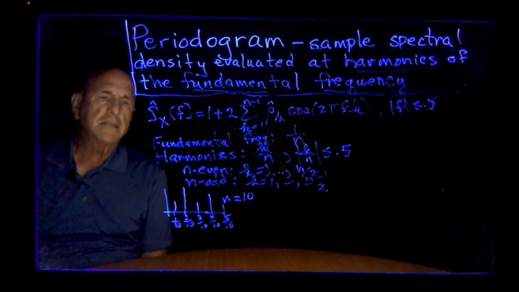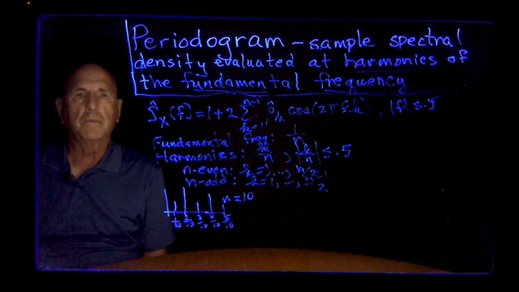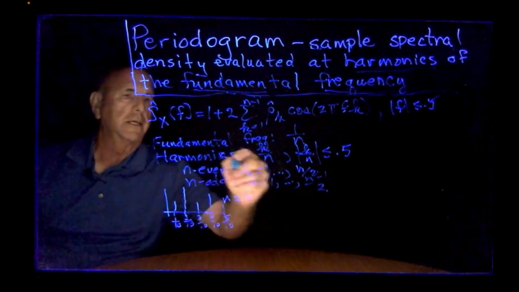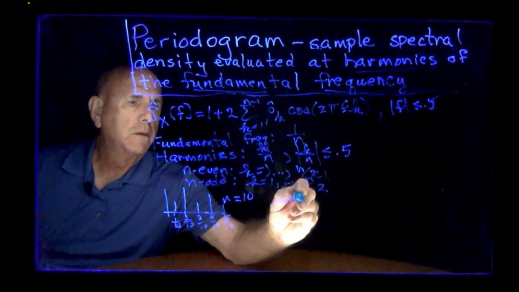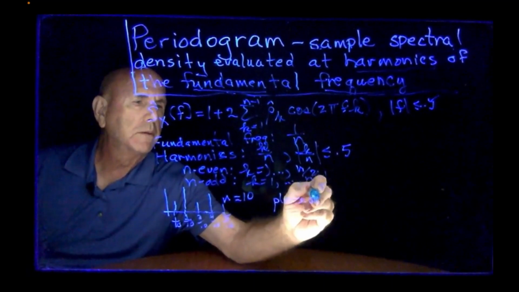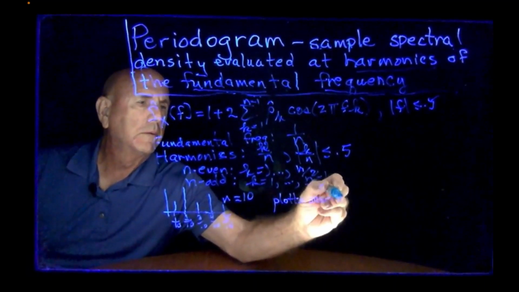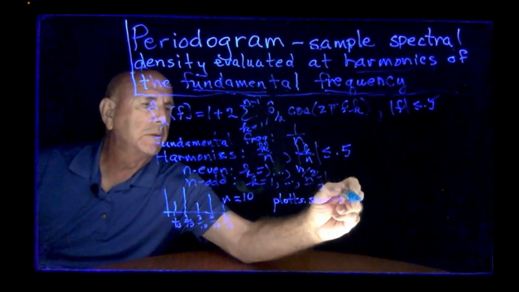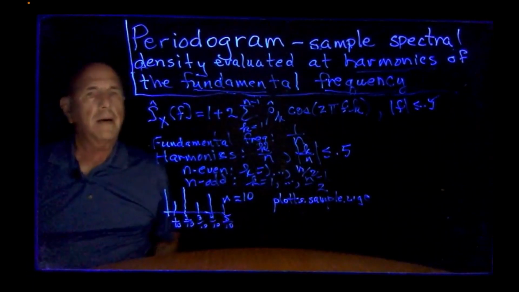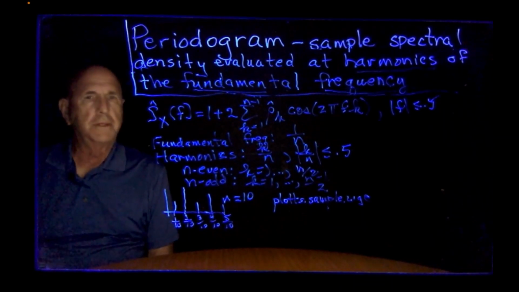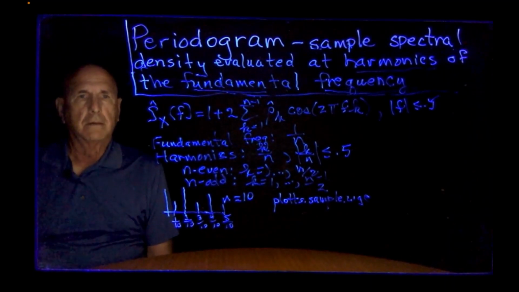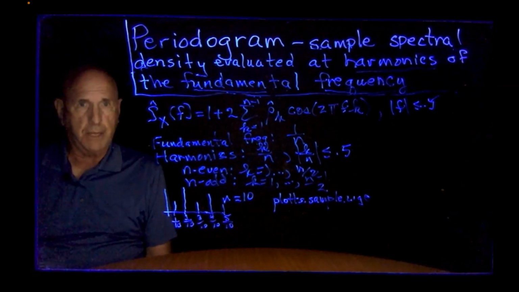Now, you can actually get the periodogram using tswge. The function plots.sample.wge has an option or a parameter called periodogram. The default value for that is false, and so when we've been using plots.sample.wge, we've been using the default option and not plotting the periodogram.